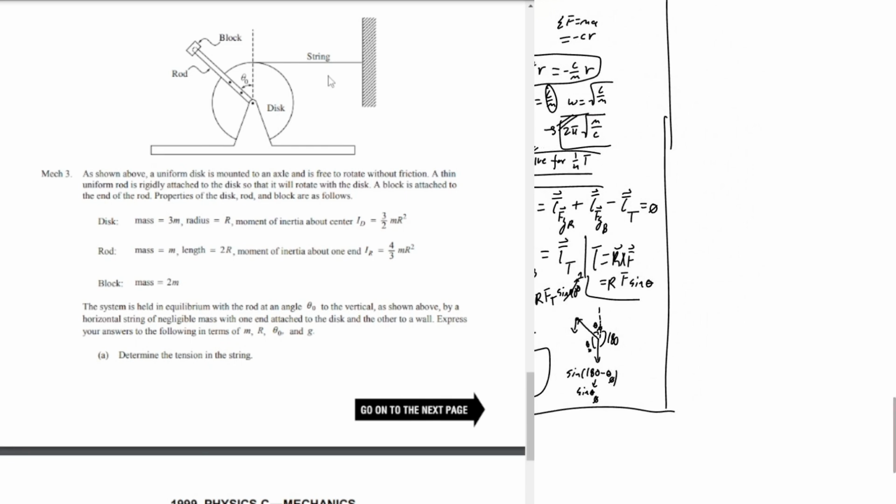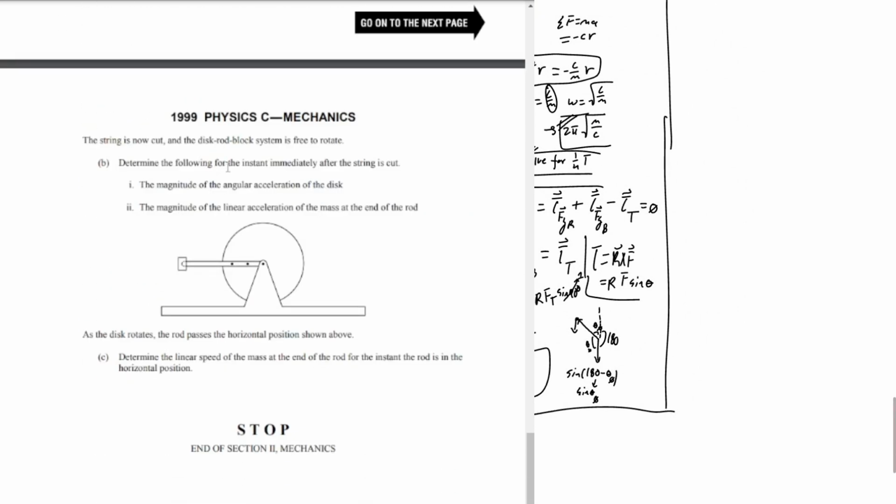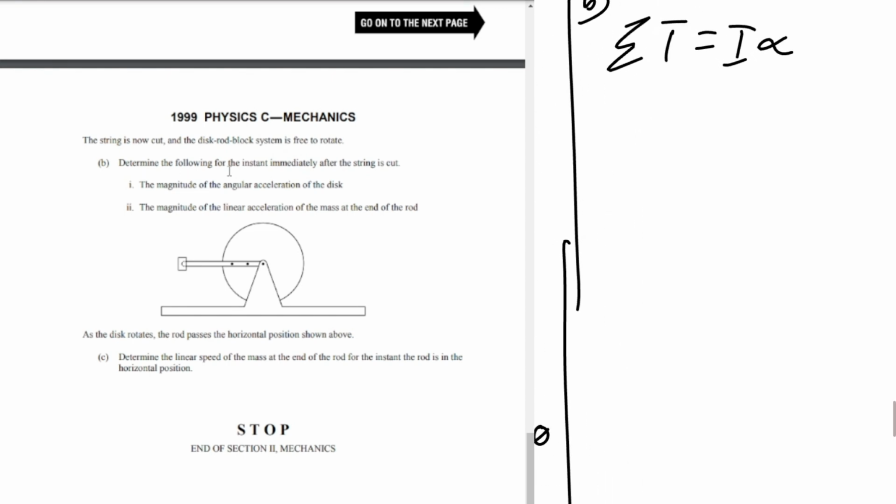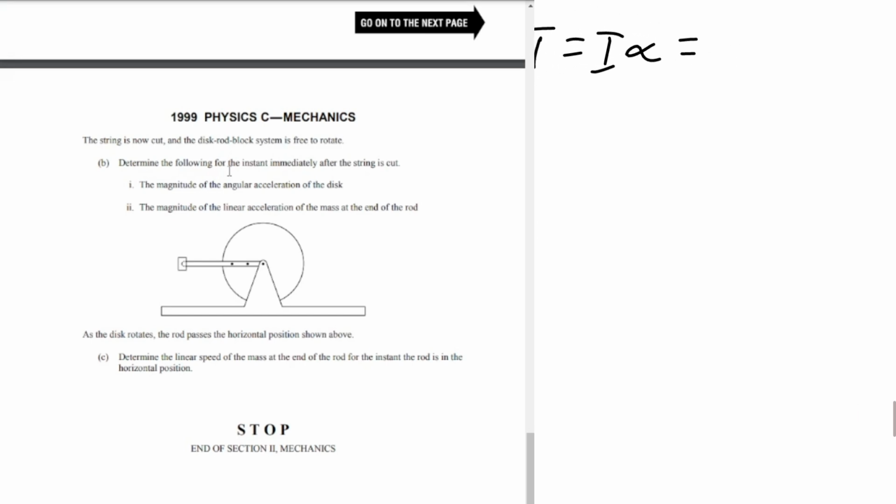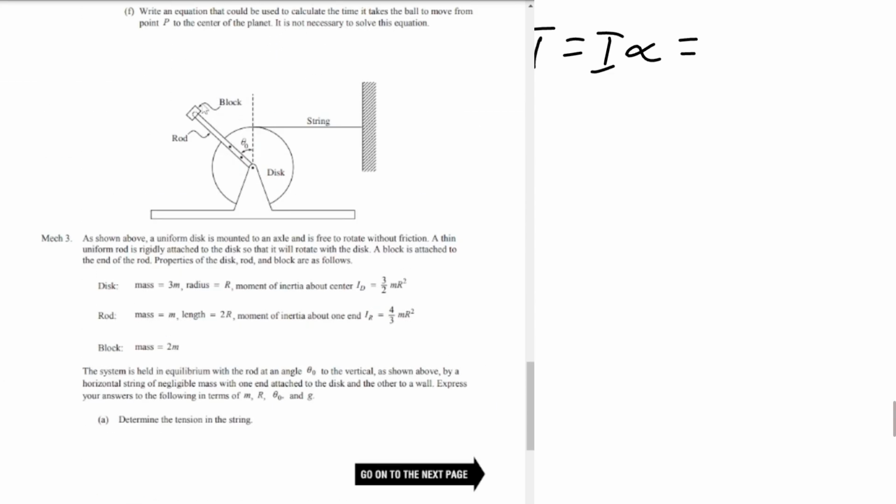Okay, now determine the following for the instant immediately after the string is cut: the magnitude of the angular acceleration of the disk. After the string is cut, the sum of torques is no longer 0. It's I alpha. But now the torque due to the force of tension is disappearing, so the sum of torques is just the torques produced by these two, which we understood was 5 mg sine theta naught times r.